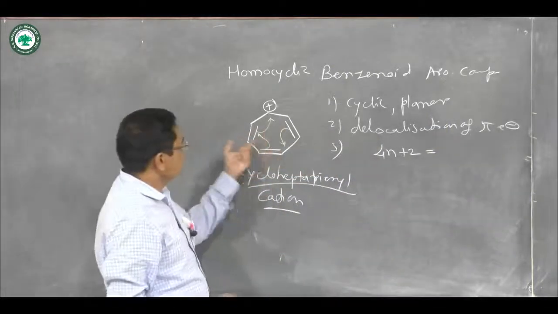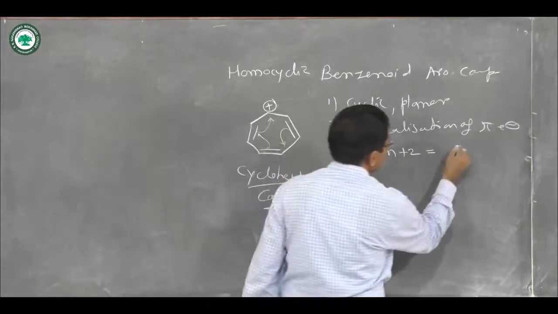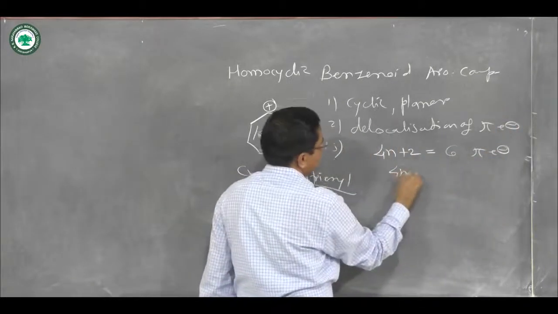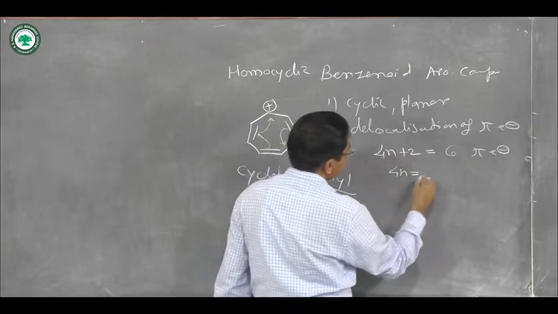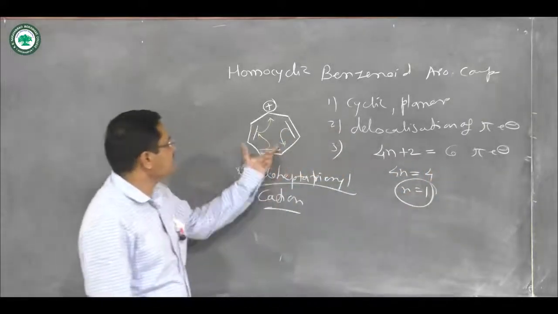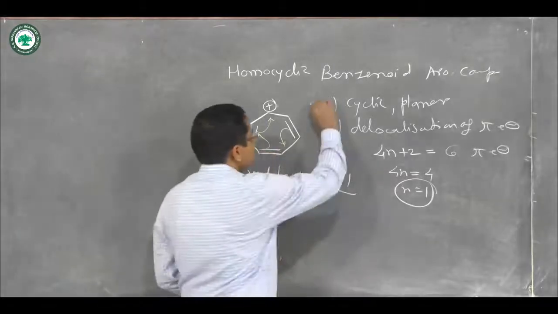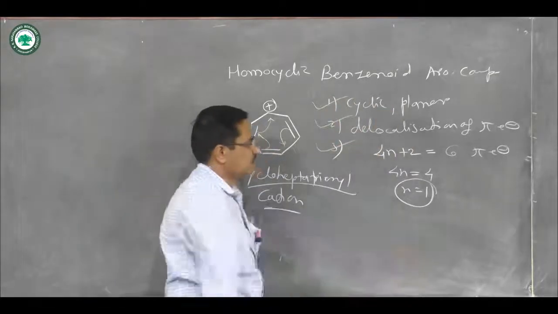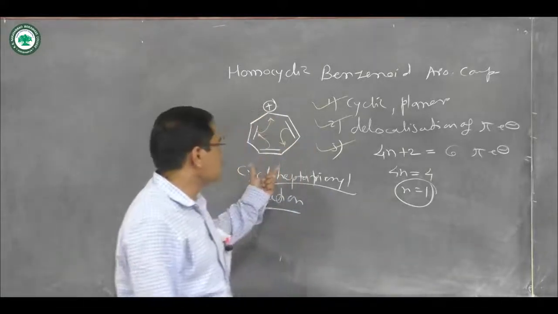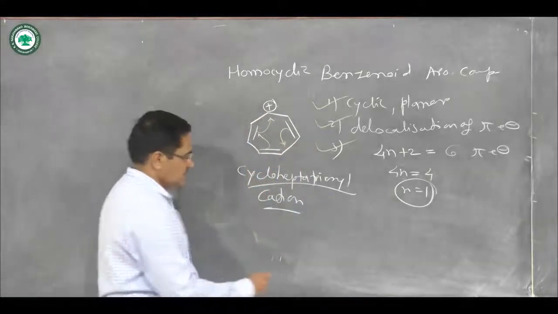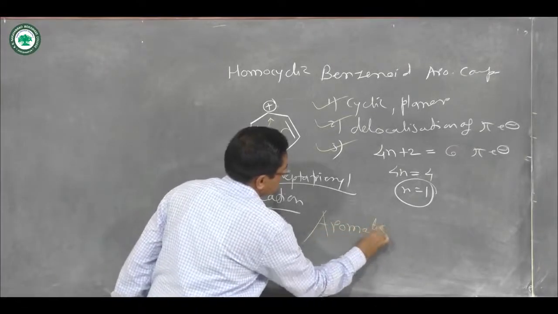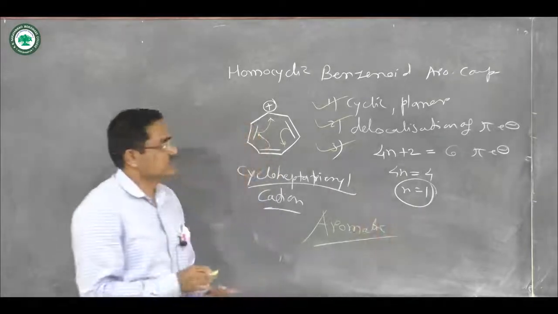Now here 3 pi bonds mean there are 6 pi electrons, and when we complete this calculation, n is 1, meaning 1 ring is present. All these criteria are followed by this compound, and hence this compound is aromatic in nature.